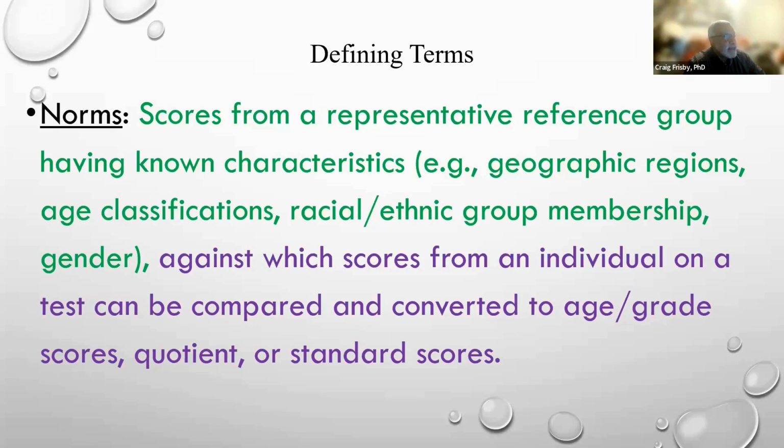Then we take that reference group, we look at the scores, and whenever we test any individual client, we compare that individual client's scores against the scores made from the reference group. That's how we can make determinations as to where a person falls with respect to the continuum of general intellectual ability.